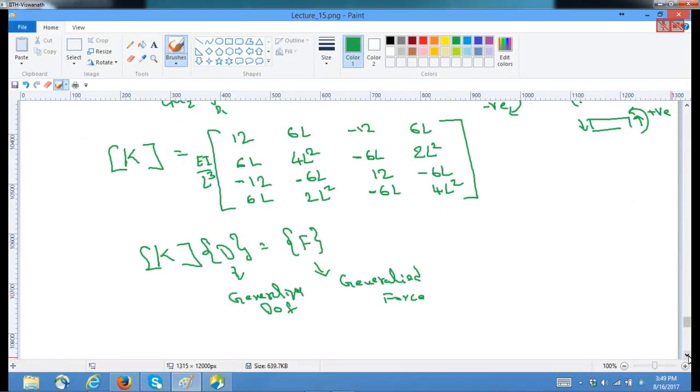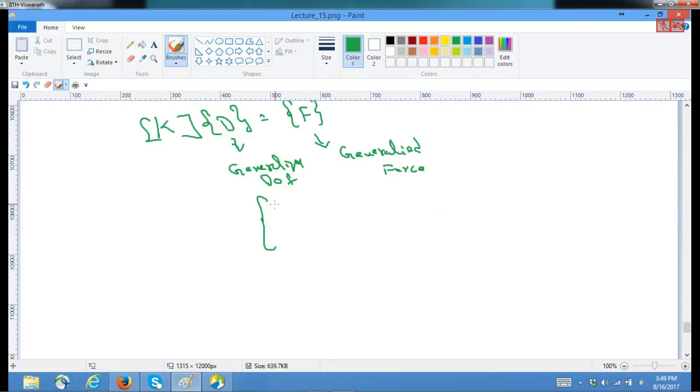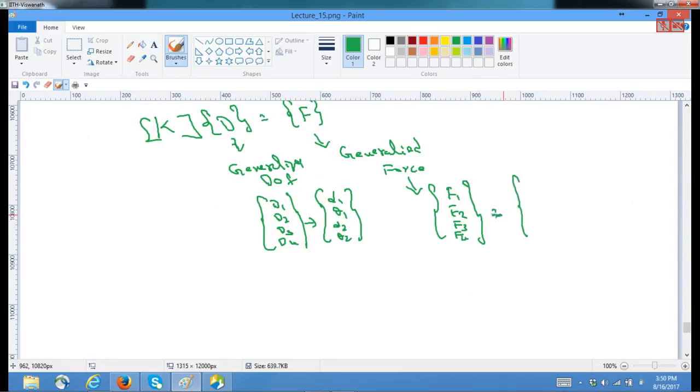To explain further, the generalized degrees of freedom are d1, d2, d3, d4, or you can write it as d1, theta 1, d2, theta 2. Similarly, the generalized forces are f1, f2, f3, f4, or simply f1, m1, f2, m2. These are the shear forces and these are the bending moments. So this is how one can obtain the stiffness matrix for a beam in a more physical manner.